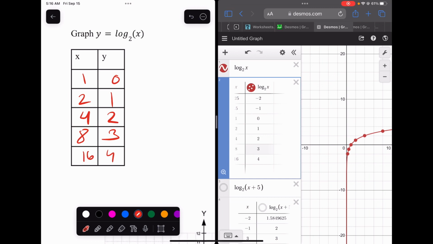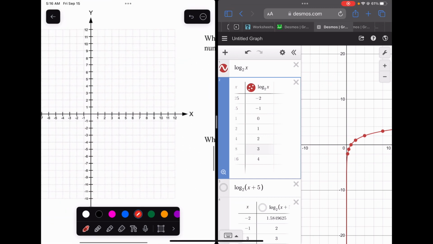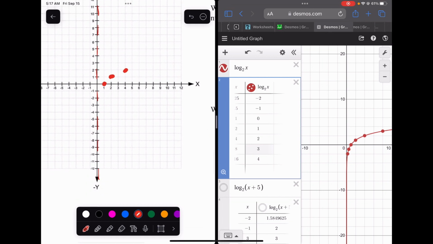And of course, we need to graph that. We have our asymptote that we talked about right here. And we've got 1, 0, 2, 1, and 4, 2. Oh, and then we can do our 8, 3 as well.